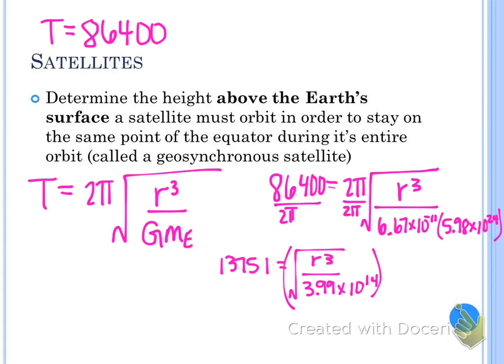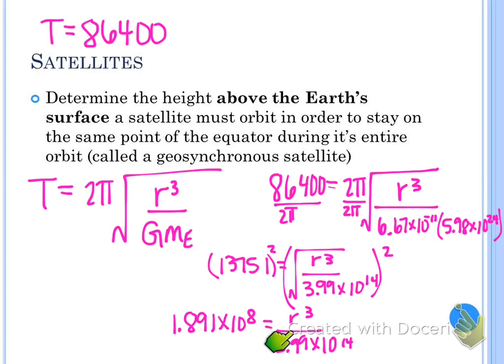Yeah, I want to square both sides, okay, to get rid of that square root. Okay. From there, still to get r cubed by itself, I'm going to multiply these two together.